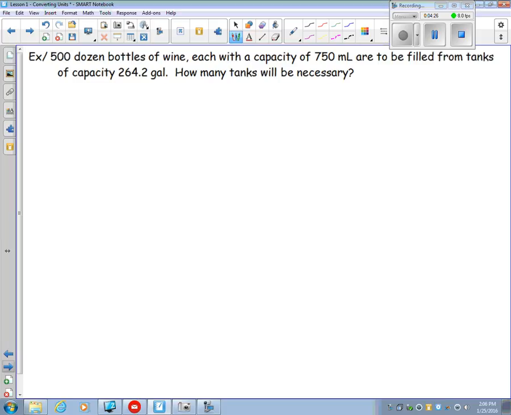So basically I need to know how much wine I'm going to need to fill my 500 dozen bottles, each of which has a capacity of 750. So let's break this into stages. Let's figure out how many bottles we need to fill first of all. That's sort of a common sense idea. And you have dozen is 12, and there are 500 dozen of those. So I have a total of 6,000 bottles to fill.